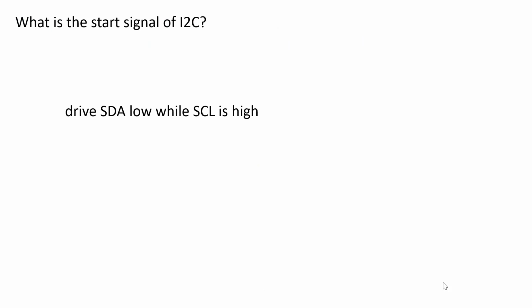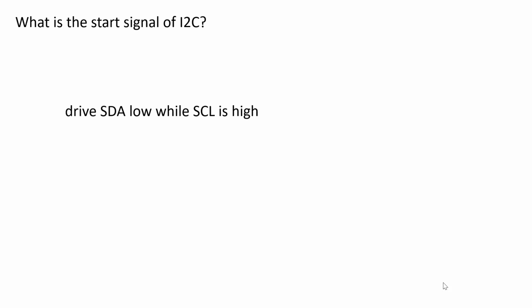Okay, what's the start signal? So I2C, this is in my opinion the most confusing part of I2C. What is the start signal? It's when you drive the data signal low. Now remember, the data signal is normally high when it's idle. So it's idle, so we drive it low while the clock is still high. That indicates that you're trying to take mastership of the bus. Remember, normally during the transaction, the data does not change when the clock is high.